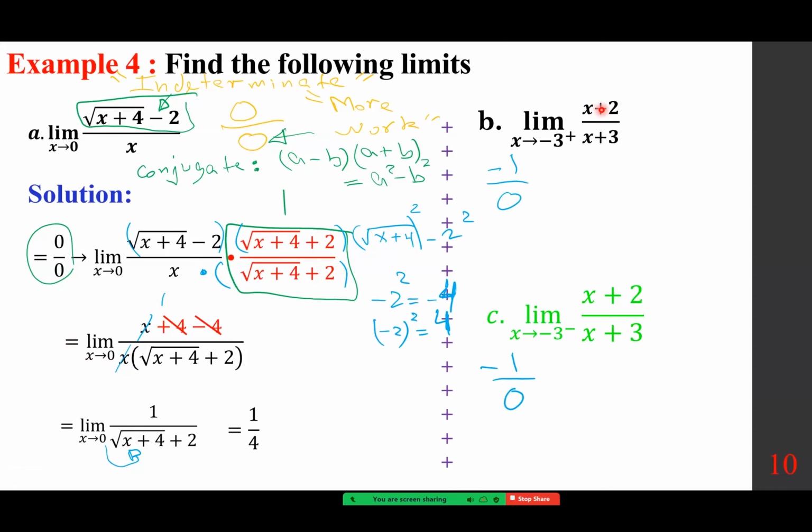Let me make sure everybody understands why I say that the numerator is negative 1. When you plug in negative 3 from the right or left, and you add it to 2, it's very close to negative 1. In fact, for negative 3 from the right, an example would be negative 2.9.